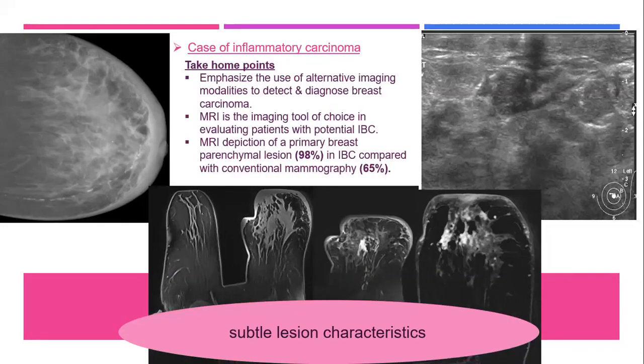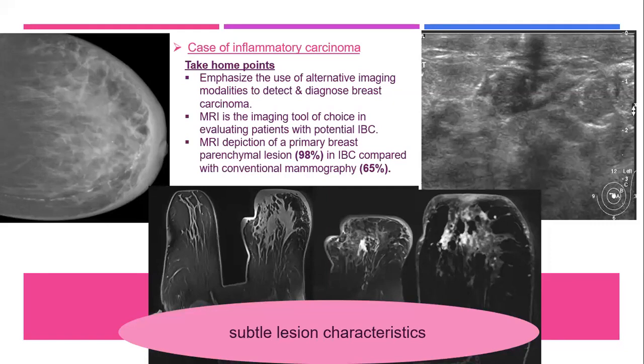We have to emphasize the use of alternative imaging tools to detect and diagnose breast cancer, and remember that MRI is the tool of choice in evaluating patients with potential inflammatory breast carcinoma. Why? It can depict the primary breast cancer in up to 98% compared to only 65% on mammography.